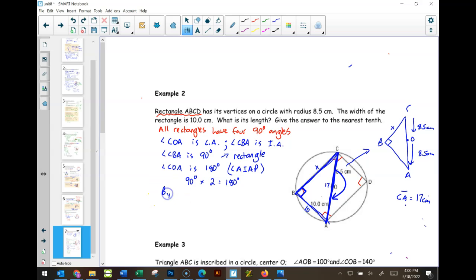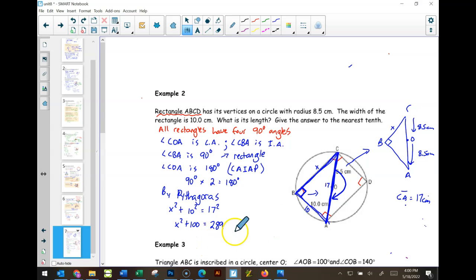So by Pythagoras, we know that the hypotenuse, remember always draw that line from the 90-degree angle, is 17. So it's going to be X squared plus our other side, 10 squared, equals 17 squared. So X squared plus 100 equals 17 squared, which is 289.